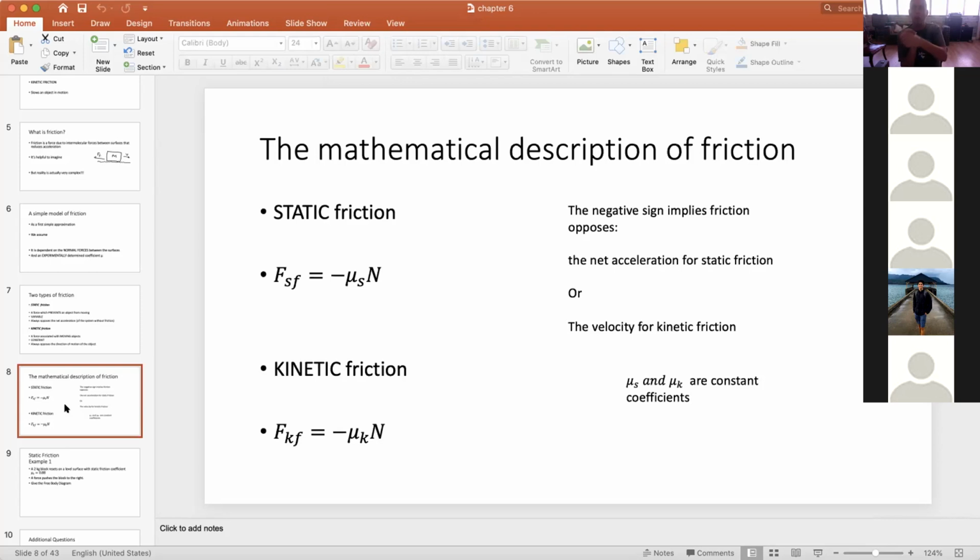The greater the normal force, the greater the force of friction should be. And you can try that for yourself. This is a philosophical choice, but we're saying that it must be related, and basically it's the normal force times some coefficient. Now that coefficient we're assuming is constant.